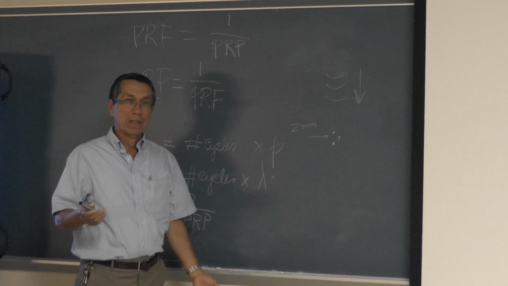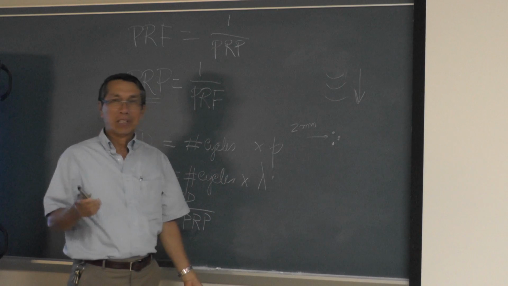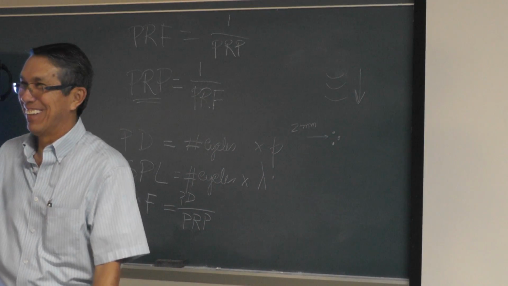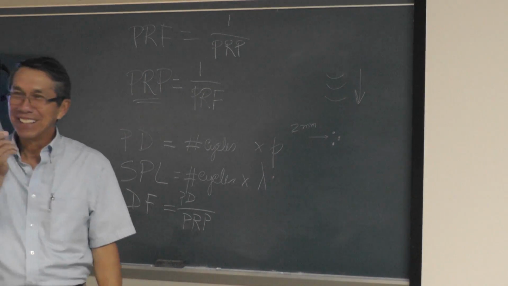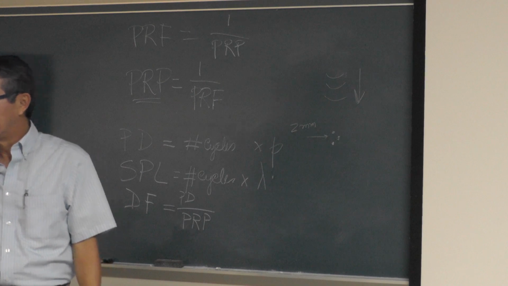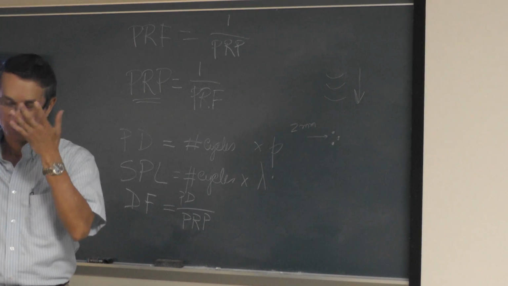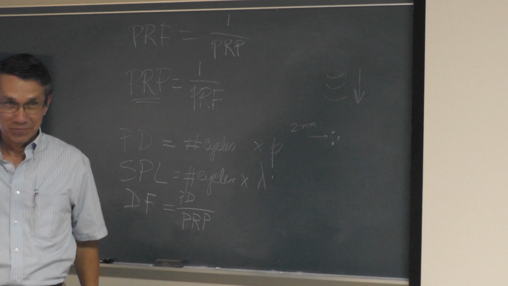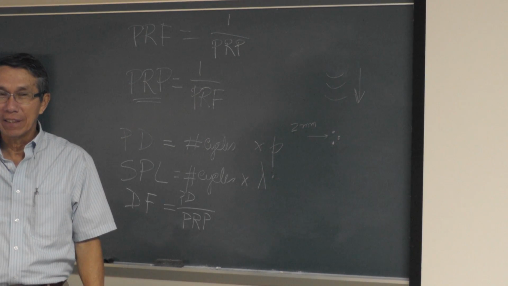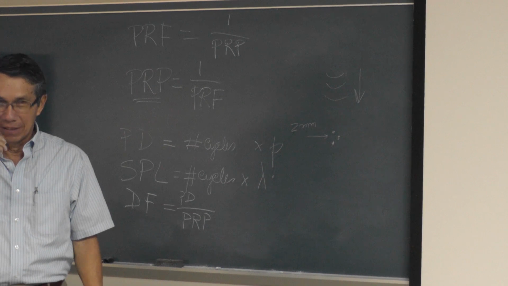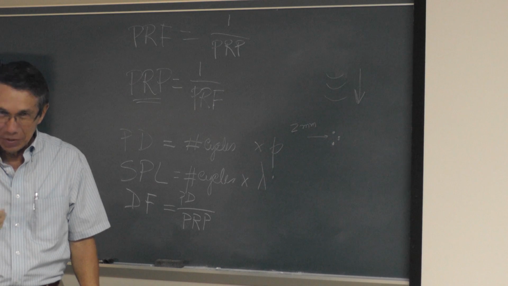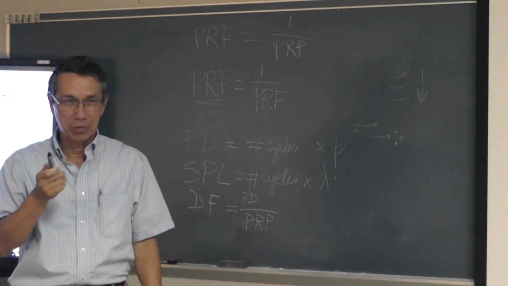Look, it's rearranging the formula. The axial resolution equals SPL divided by 2, so SPL equals axial resolution times 2. It's the wording, I think, that you guys have to master.